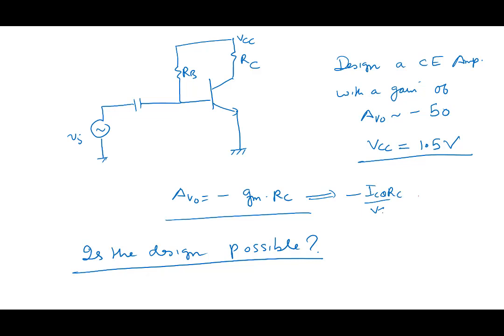If you want a gain of minus 50, this implies ICQ RC equal to 50 times VT. 50 times VT is 1.3 volt. VT is 26 millivolt, and 26 multiplied by 50 is 1.3 volt. So ICQ RC is 1.3. What does this imply?